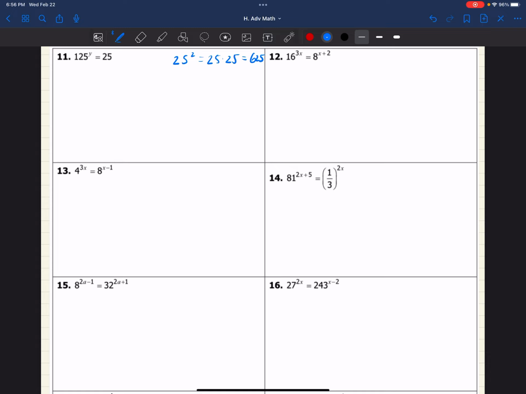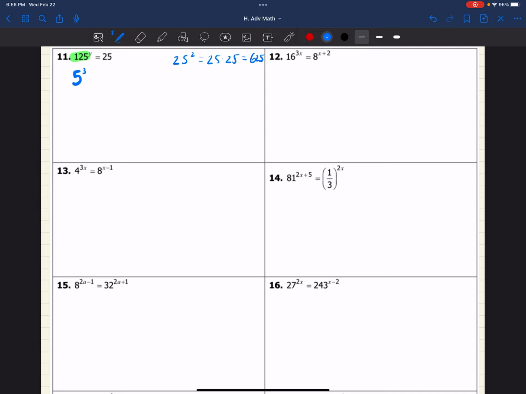So obviously I'm not going to be able to represent 125 with a base of 25, but you can represent both of these numbers with something smaller. And what is that smaller base that both of these numbers can be represented by? You hopefully are telling yourself 5. So you can replace the 125 with, go ahead and put this as 5 cubed.